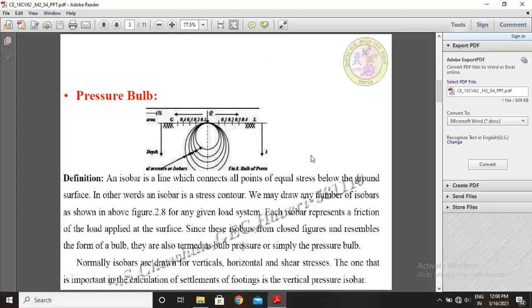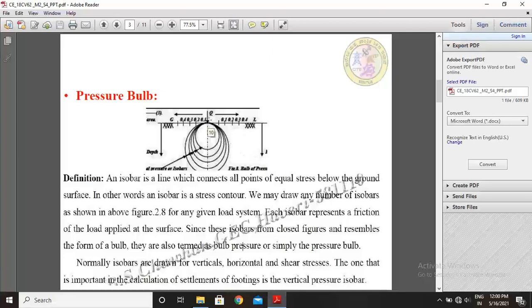Now let us see the pressure bulb. A pressure bulb is like an electric current bulb in concept. This diagram looks like an electric bulb. See this diagram. This is the ground level, at a depth Z in meters.